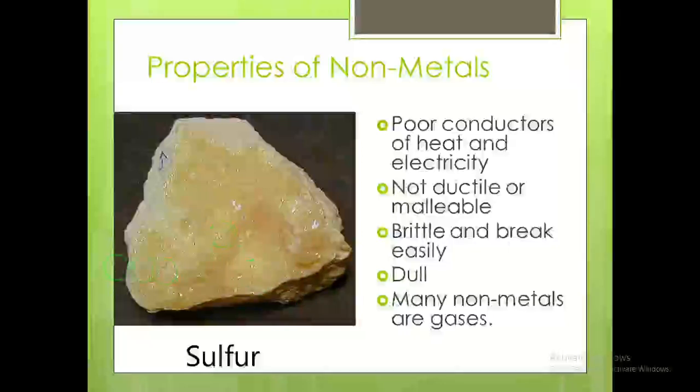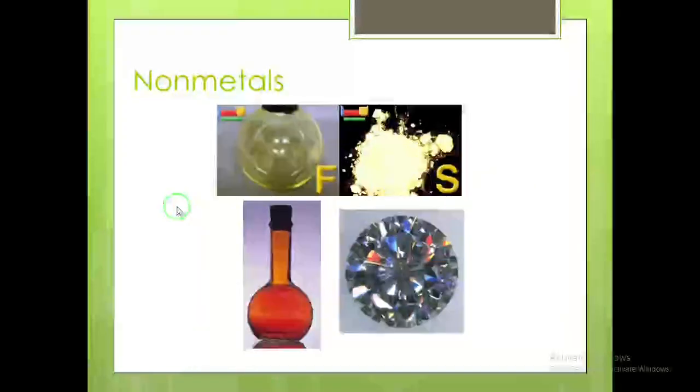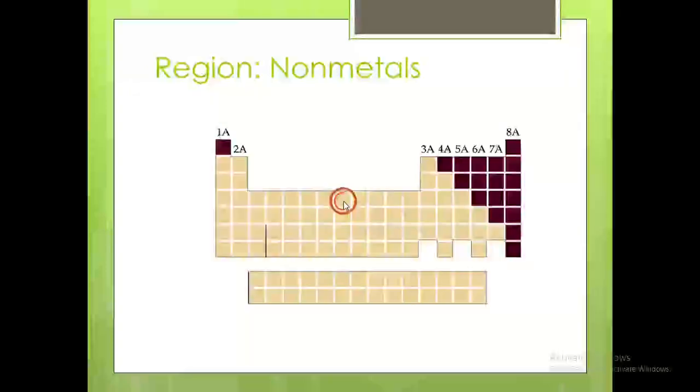Now you can see this piece of sulfur here, a non-metal. You can see fluorine, sulfur. These are all non-metals here. Now, the areas in wine here are the areas in the periodic table occupied by the non-metals.